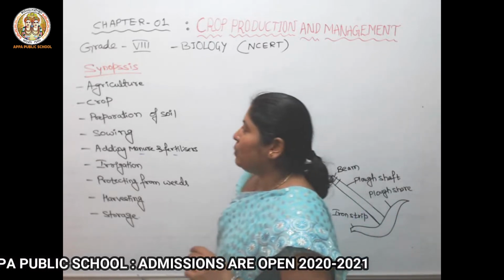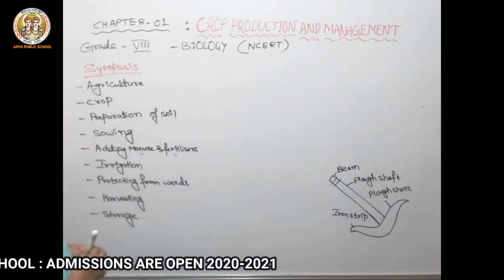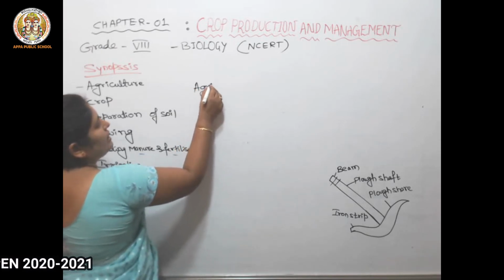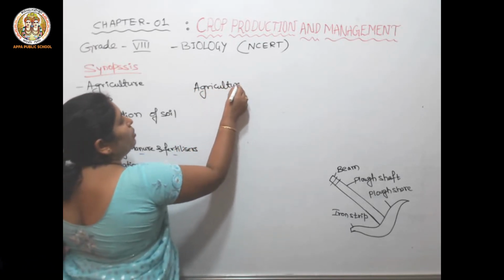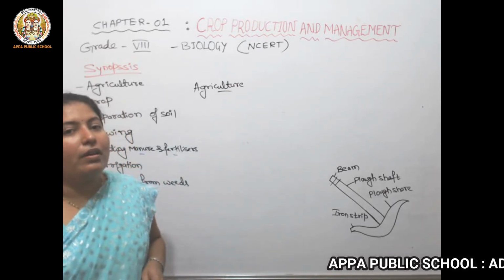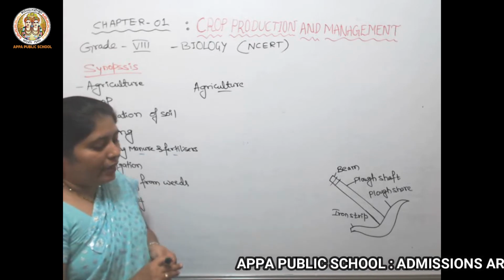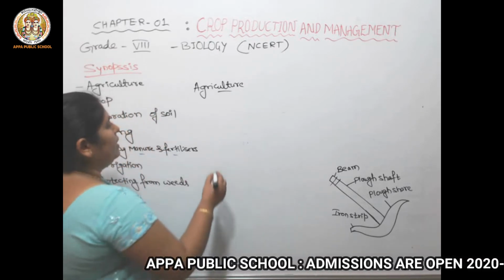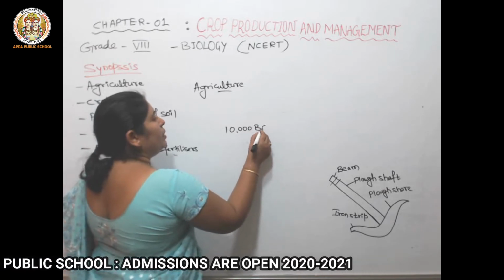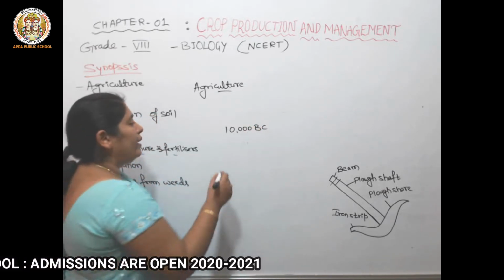Okay. So now the first one, that is agriculture. So here, how has agriculture started? Who started agriculture? Or how did agriculture come into the picture? Right. So you should first know that up to 10,000 BC, people were nomadic.